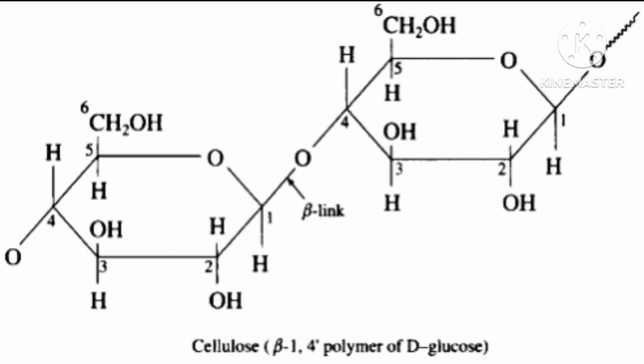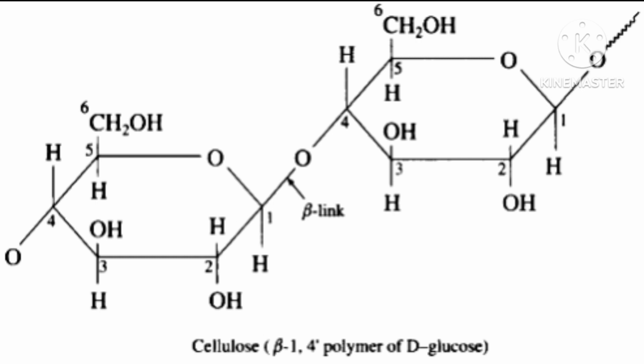You have seen green. That is actually cellulose. Best example. Green means in plants it is found. It is a predominant constituent of the cell wall of a plant cell.